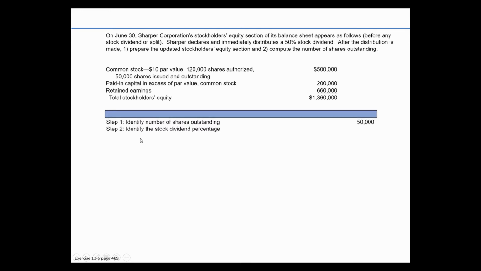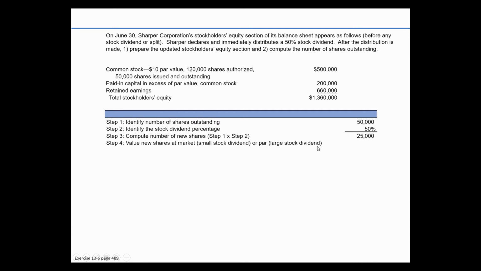Then you could identify the stock dividend percentage. We said it would be 50%. And so we'll compute the number of new shares. So we'll take the number in step 1 multiplied by the number in step 2. That's going to be 25,000 new shares that the company is going to distribute. And then we'll have to determine the value that the new shares have, at market for a small stock dividend, or at par for a large stock dividend.